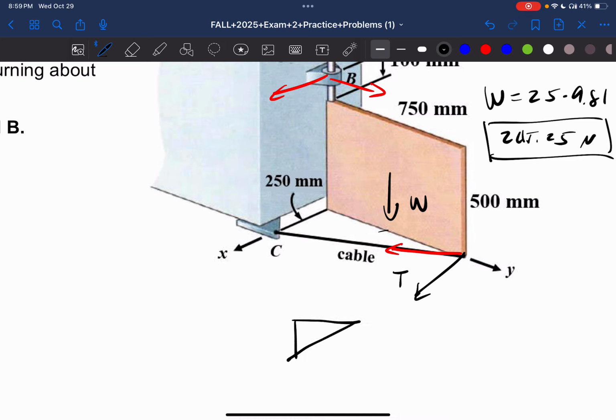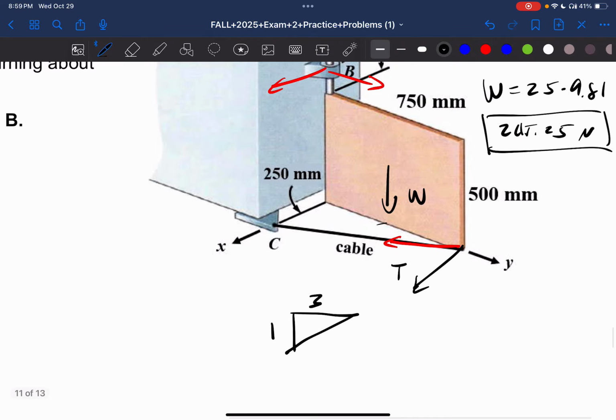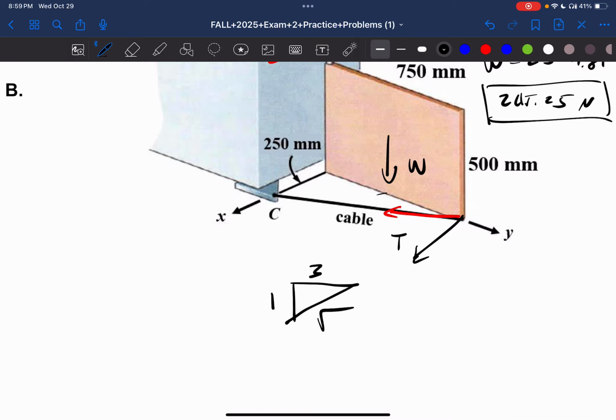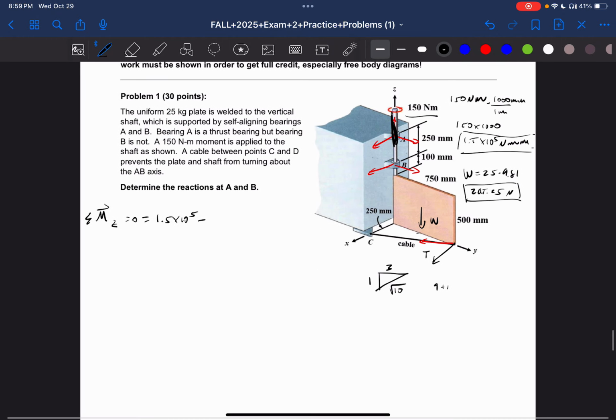If we divide this by 250, we get 750 divided by 250, which is 3. This is going to be 1. That means this is going to be the square root of 9 plus 1, which is going to be 10.